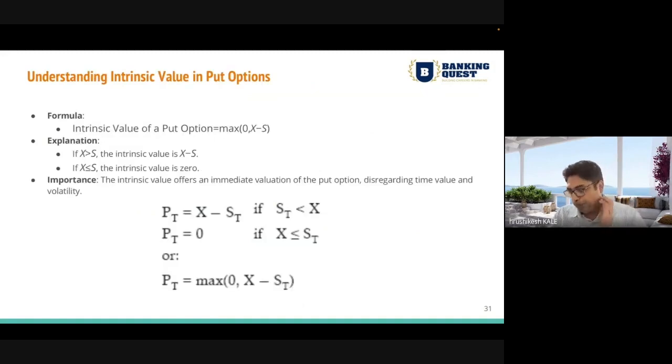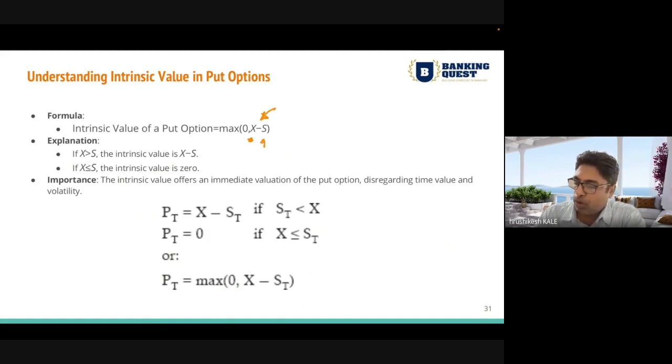Same thing. I'm not going to spend much time on this. Always remember, X comes first and then S, in put option.